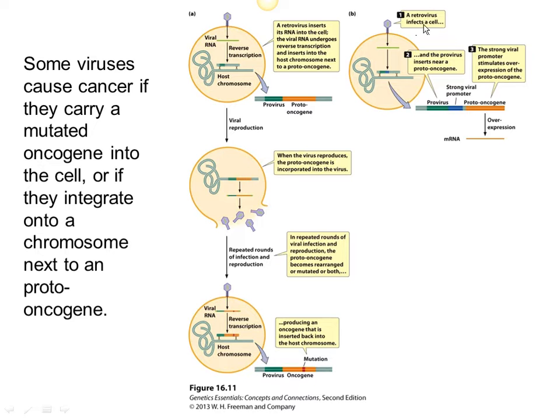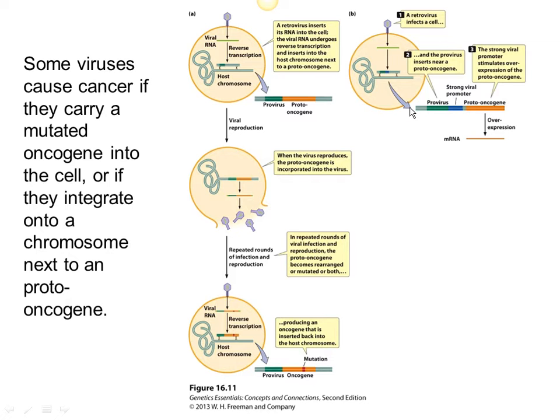The other thing that can happen is the retrovirus might not carry an oncogene, but the viral chromosome, when it integrates onto your chromosome, viruses have very strong promoters. That means they attract RNA polymerase strongly so that they can get a lot of expression of their genes quickly in the host cell.